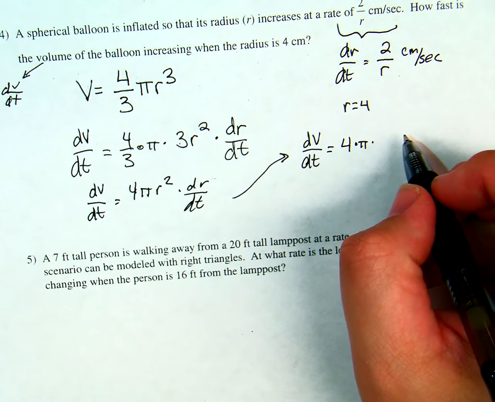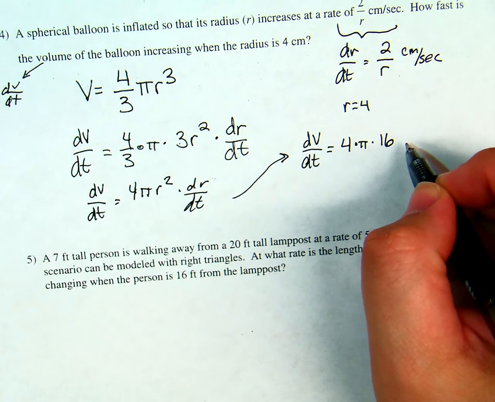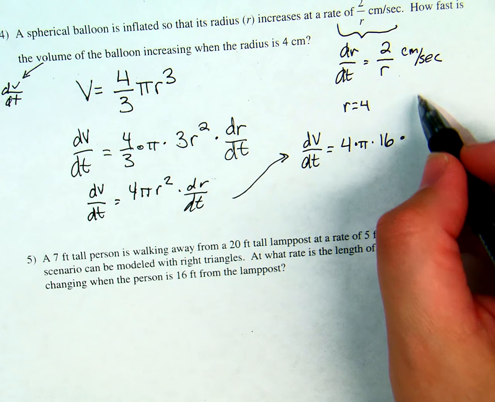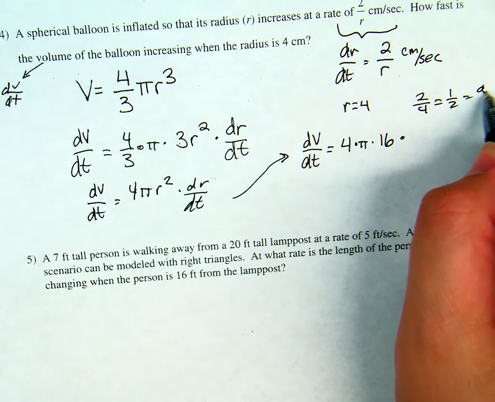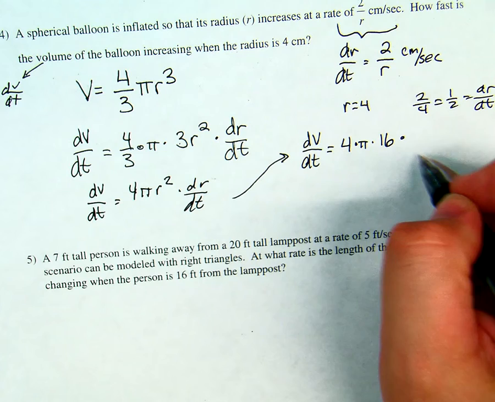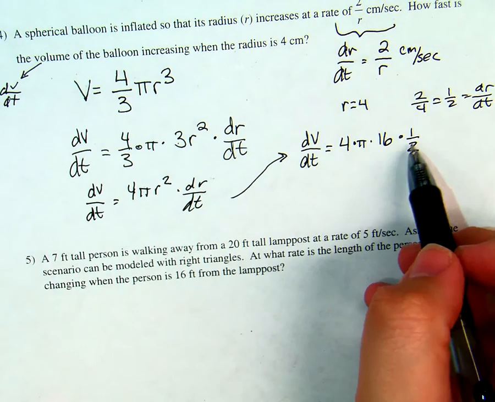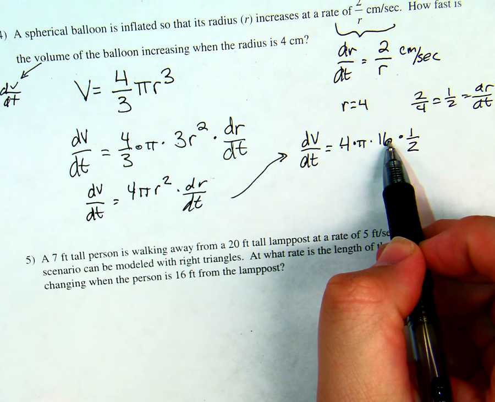And now I need dr/dt. It'd be 2 over 4, which is equal to 1/2. That's your dr/dt. So it'd be 1/2. 1/2 of 4 is 2. 2 times 16 is 32. So dV/dt is equal to 32 pi.